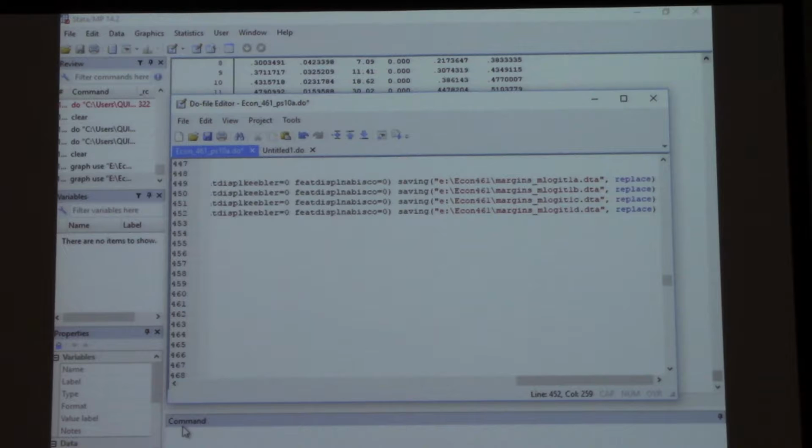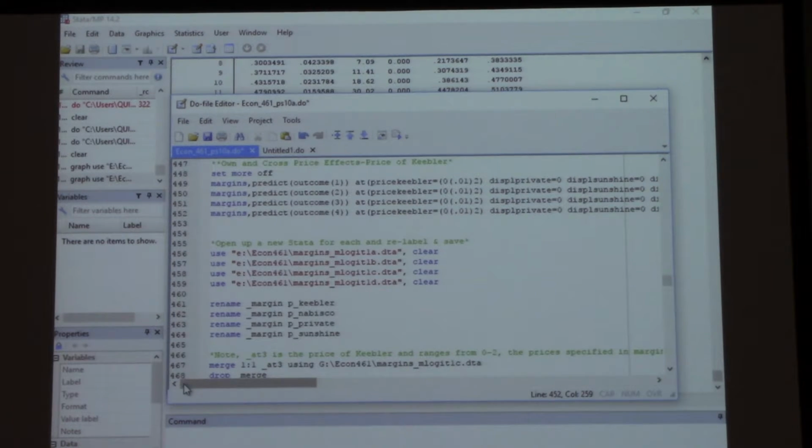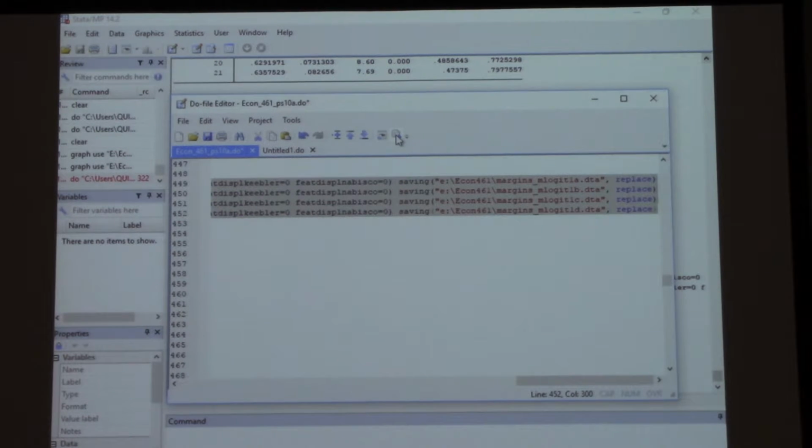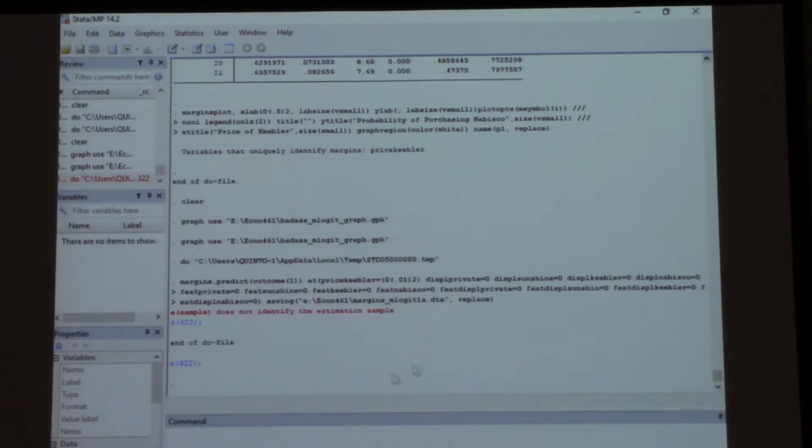All right, so now I can just run these. So these things will run, and I'll get my results. It helps when there's actual data in there.